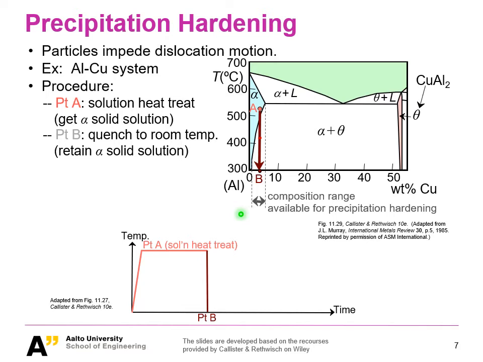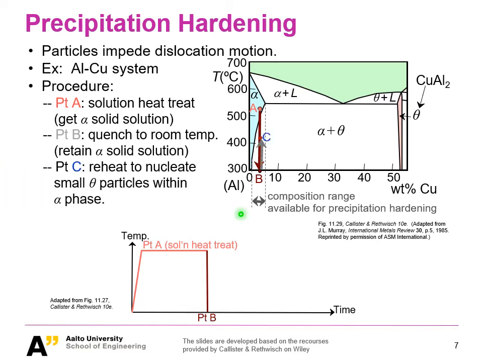But as you can imagine, if we apply a little bit of heat and reheat it to a certain higher temperature, here we're talking about around 400 degrees C, the diffusion will be active again. And with this diffusion, you can easily see the oversaturated alpha will decompose to alpha plus theta, right?